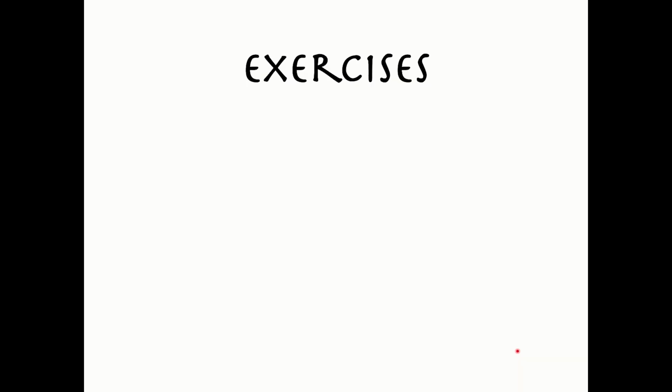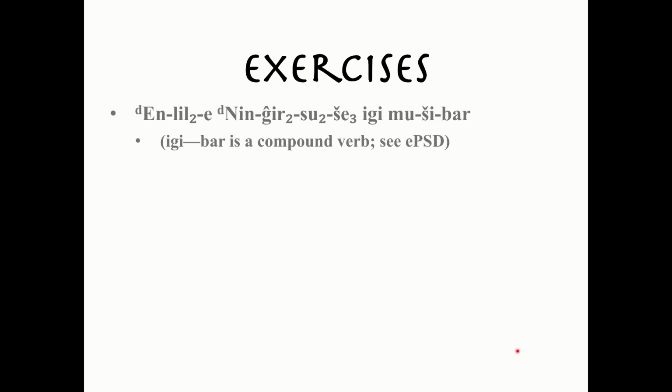Now the exercises. I'll read them out to you, and you can try them on your own. Again, feel free to email me to correct them, or if you have questions about any of this. So dinger Enlil-e, dinger Ninurta-e, su-e, she3, igi mu-ni-bar. Now igi bar is a compound verb. To find the meaning of it, go to ePSD and look up igi bar.